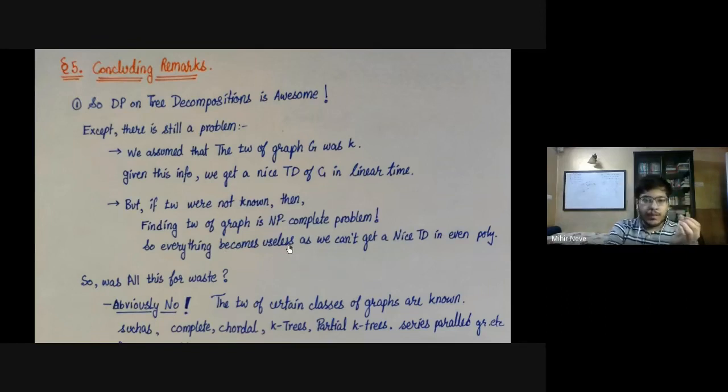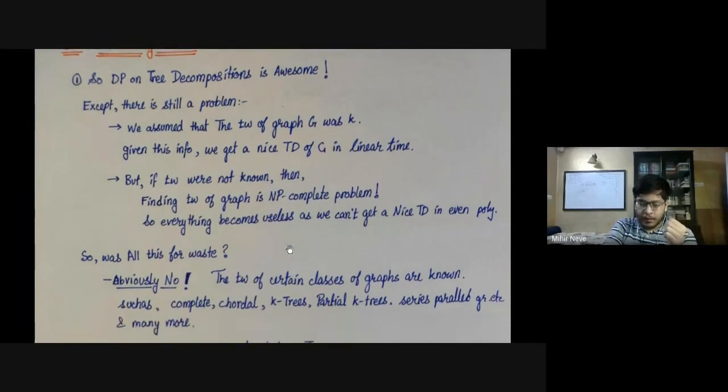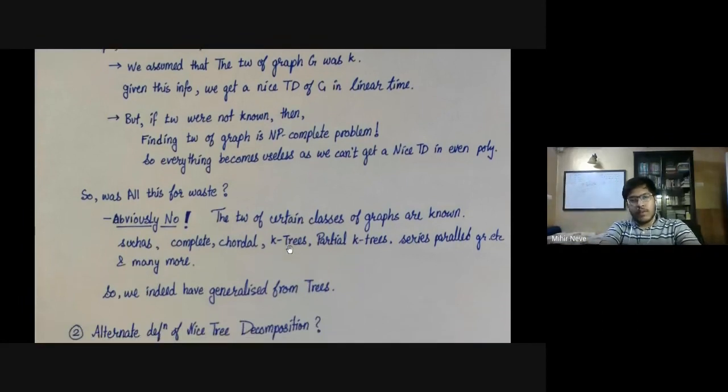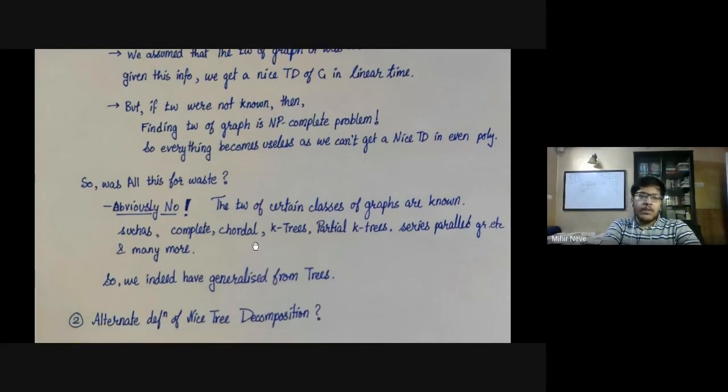So, was all of this even useful? Because given a weird, complicated graph, the very first question would be, okay, I don't know its tree width, then what do I do? In order to resolve this problem, you divide the graphs into certain classes. You look at chordal graphs, complete graphs, partial K-trees, series parallel graphs, etc. For each of these classes, you can theoretically obtain the tree width of the graphs present inside those classes.